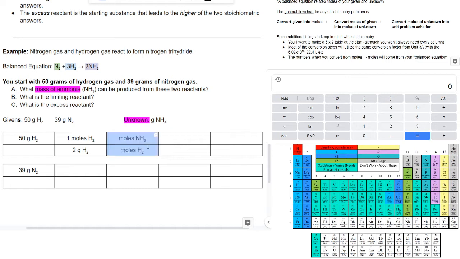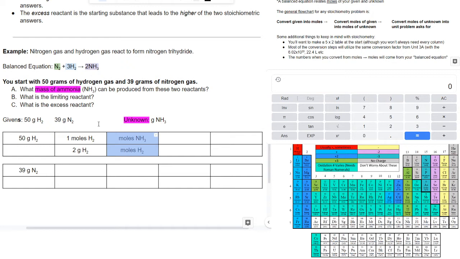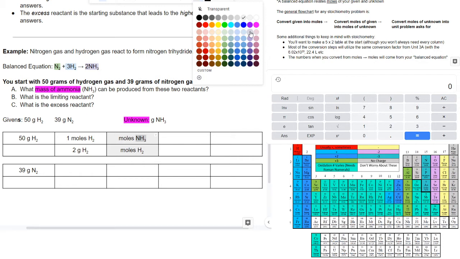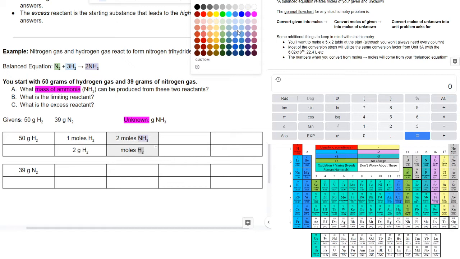Now moles over moles, this is the step where we're going to get our numbers from the balanced equation. So NH3, which I got highlighted in that light purple, has a coefficient of 2. H2 in our balanced equation has a coefficient of 3.